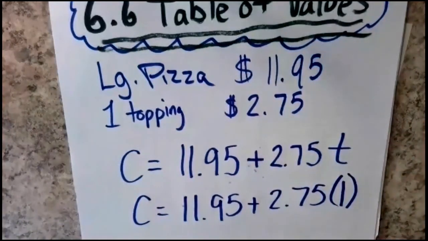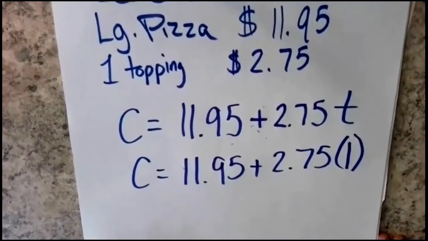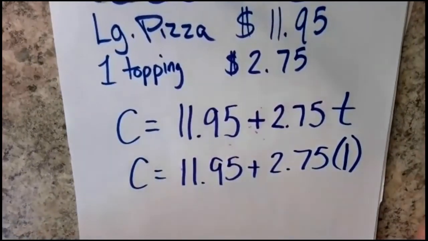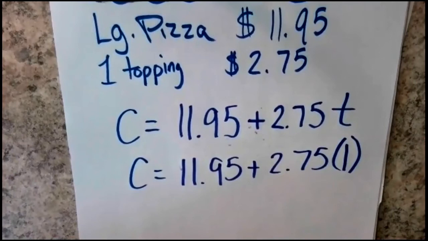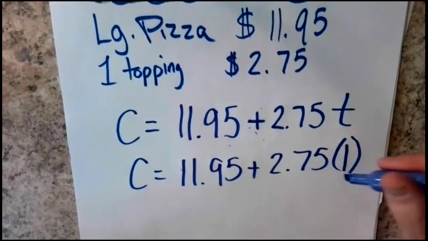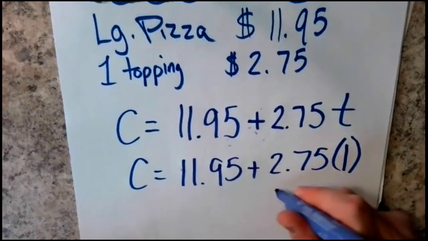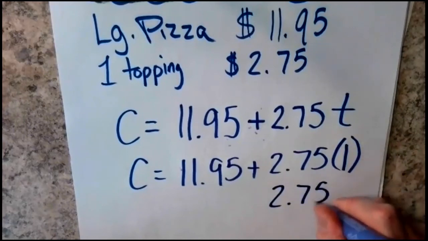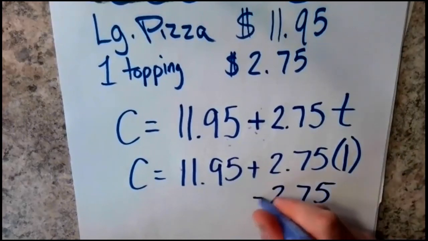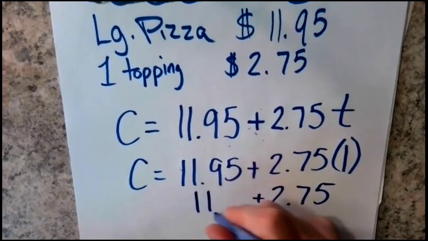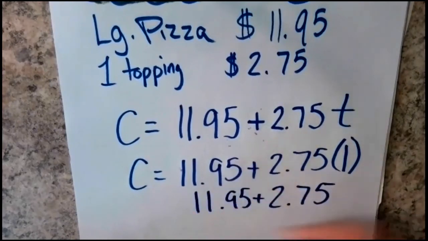But in this case, we know that I'm ordering a boring pepperoni pizza, and it's only one topping. So using order of operations, I know if I'm looking at this equation, I have to do my multiplication first. So $2.75 times 1 is 2.75. Bring that down, plus my $11.95. And that will give me the total cost of my pizza.